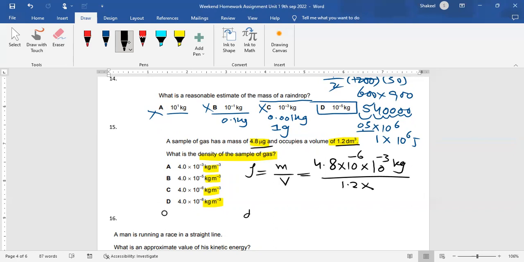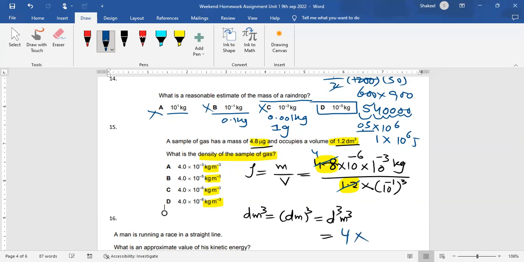I told you the other day that dm cube actually means deci cube meter cube. So over here, deci is 10 to the power minus 1 cube. That's how you convert the units into SI units. Then you have to simplify. 4.8 over 1.2 is 4, this would cancel away with 4.